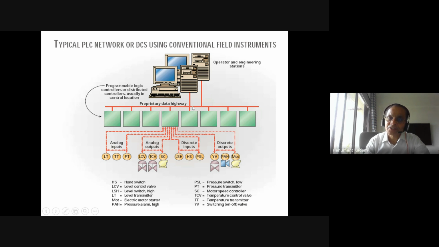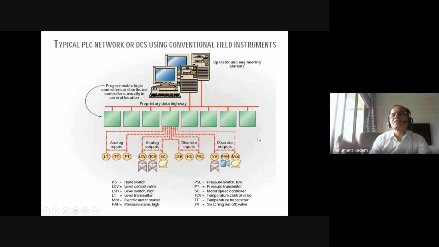Yokogawa has VNet. Honeywell has a different name, and ABB has a different one. Fault Tolerant Ethernet is a Honeywell name, FTE, but it is a dual redundant Ethernet, and these boxes are controllers.